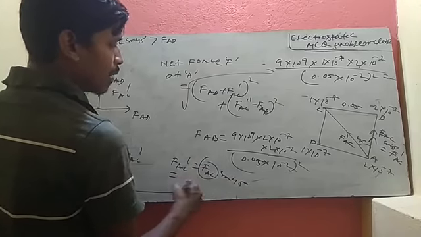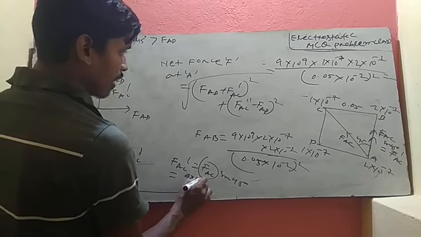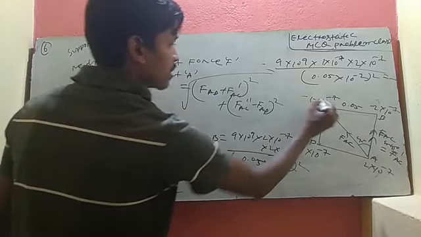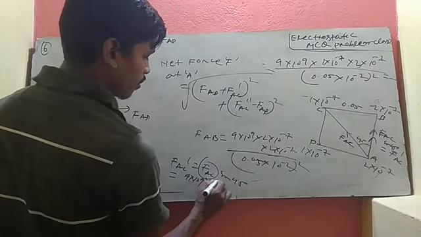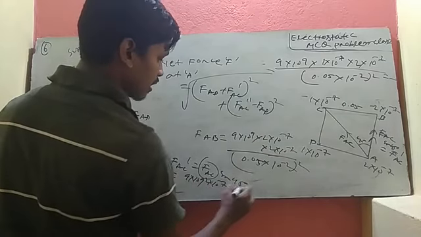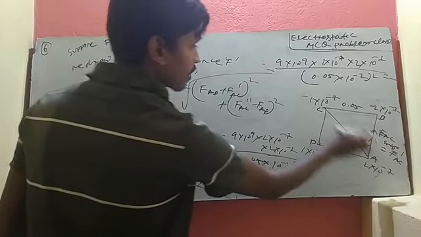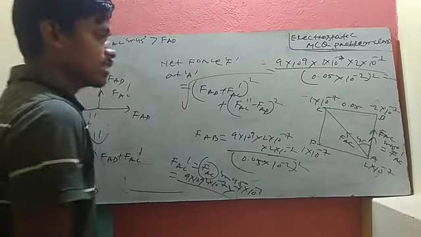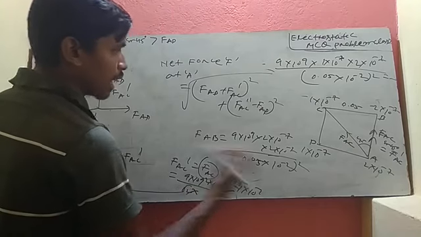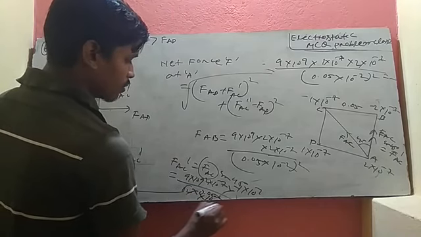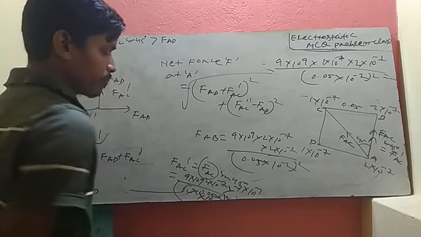FAC will be 9 into 10 to the power 9 into charge 2 into 10 to the power minus 7 into charge minus 1 into 10 to the power minus 7, divided by AC, which we have already known is root 2 into side, root 2 into 0.05 into 10 to the power minus 2, square.